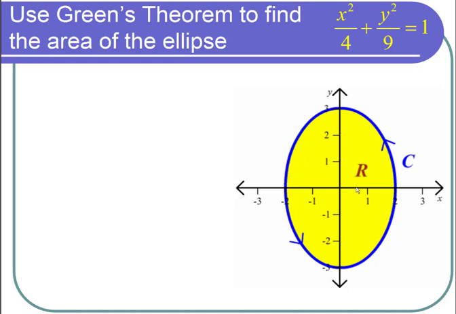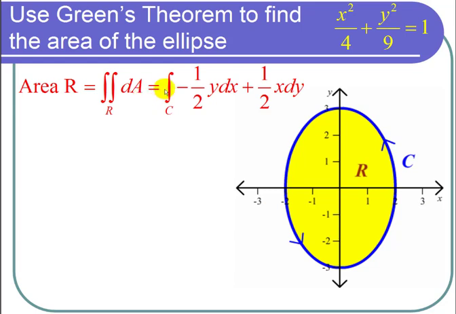And I can think of the area as a double integral over the region of 1 dA. And that turns out to be equal to the line integral over the curve C of negative 1/2 y dx plus 1/2 x dy.